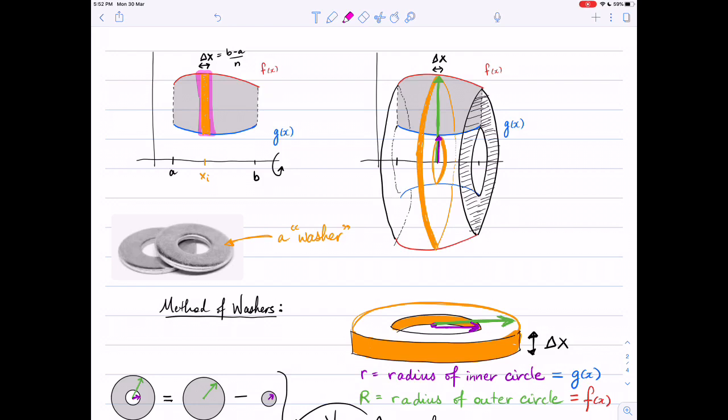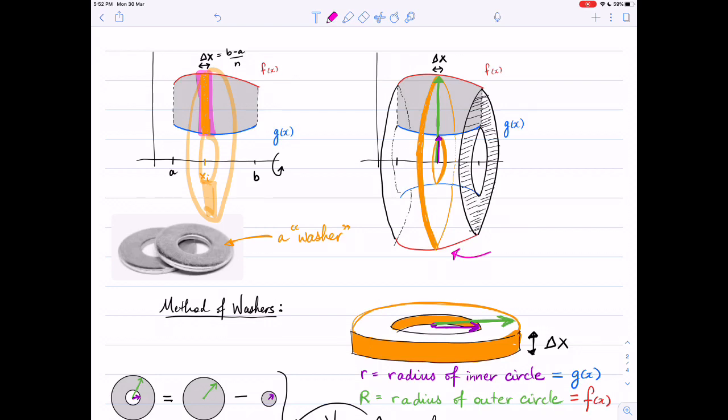Then we would sum up all those rectangles, but we want to see what happens if we take that single rectangle like we did in the previous case and spin it around. Again, there's going to be hollowness there, and that space in the middle is going to create what is over here.